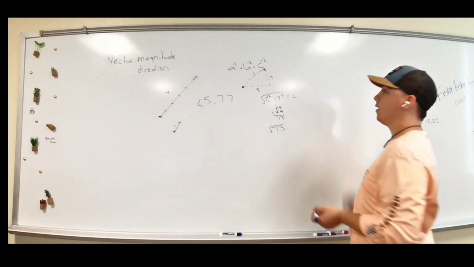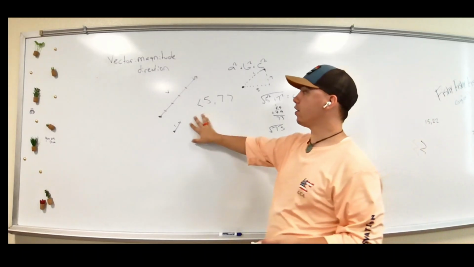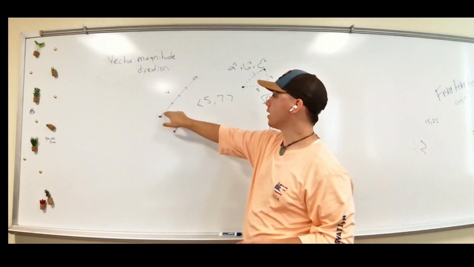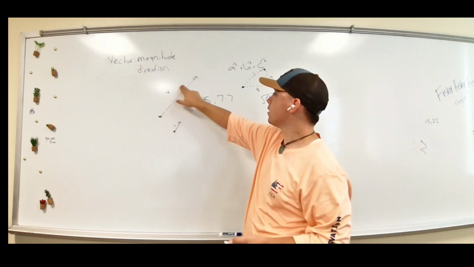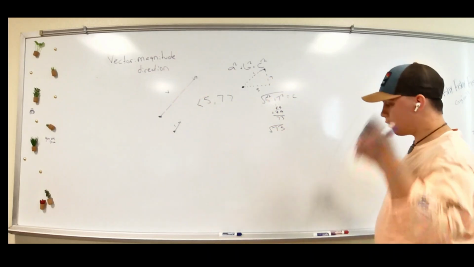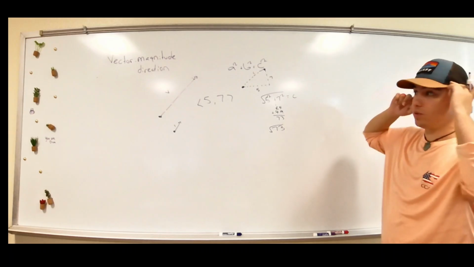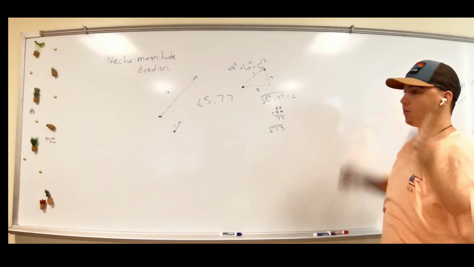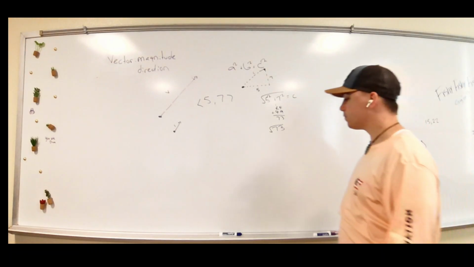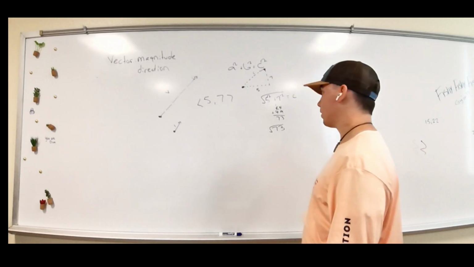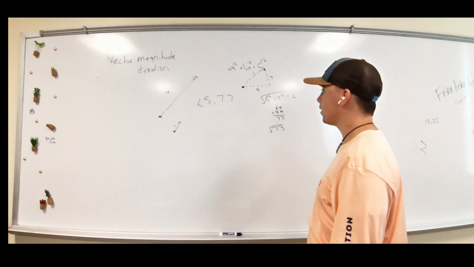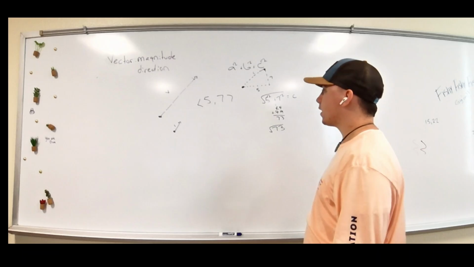So let's bring it back over to our vector. Our vector is divided into root 73 pieces, whatever number that is, probably somewhere around 8 point something, like 8.5, I guess.